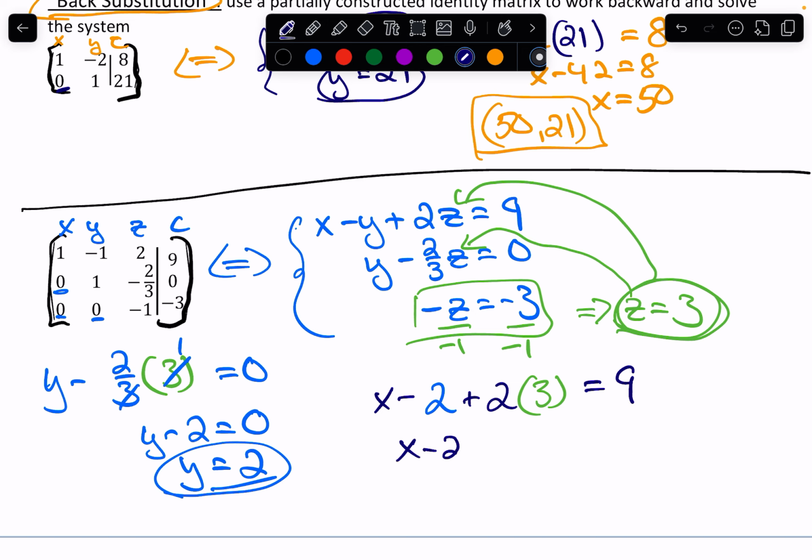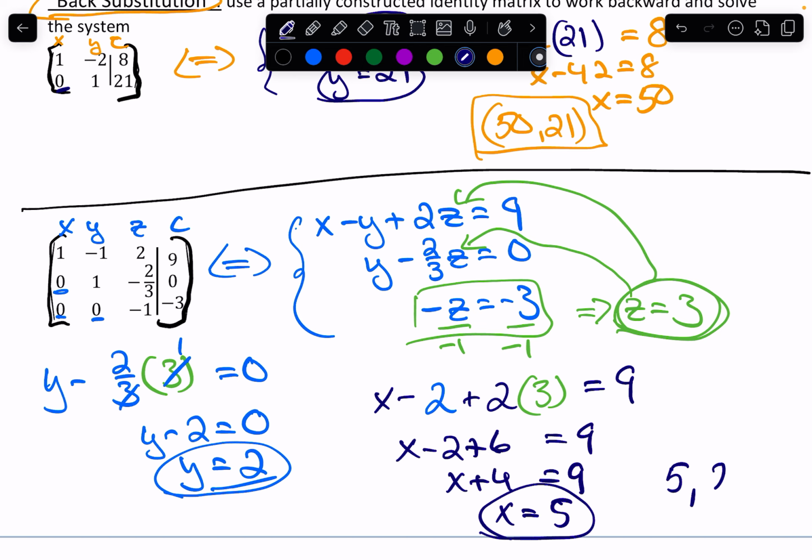So x minus 2 plus 6 equals 9. x plus 4 equals 9. x equals 5. So our ordered triple for this one is going to be x first, y then, so 5, 2, and z is the last one.